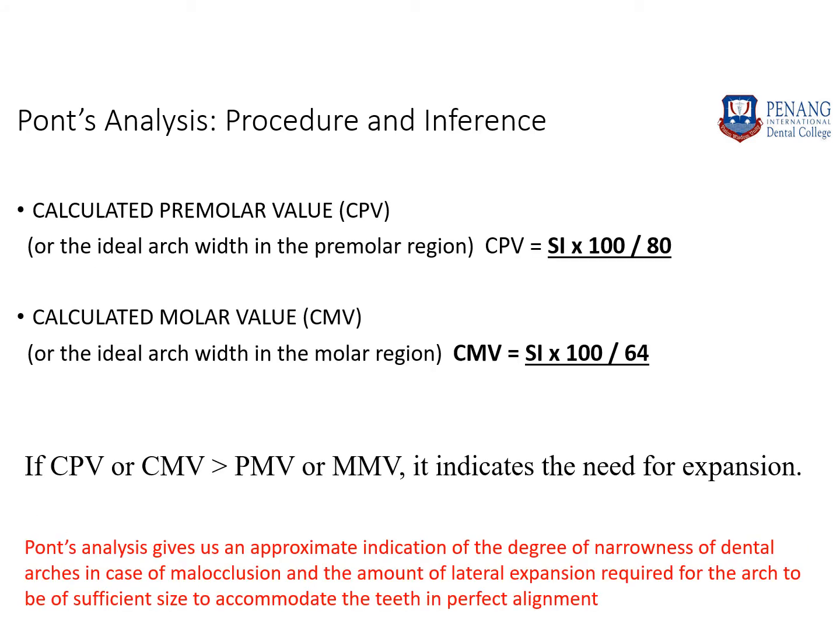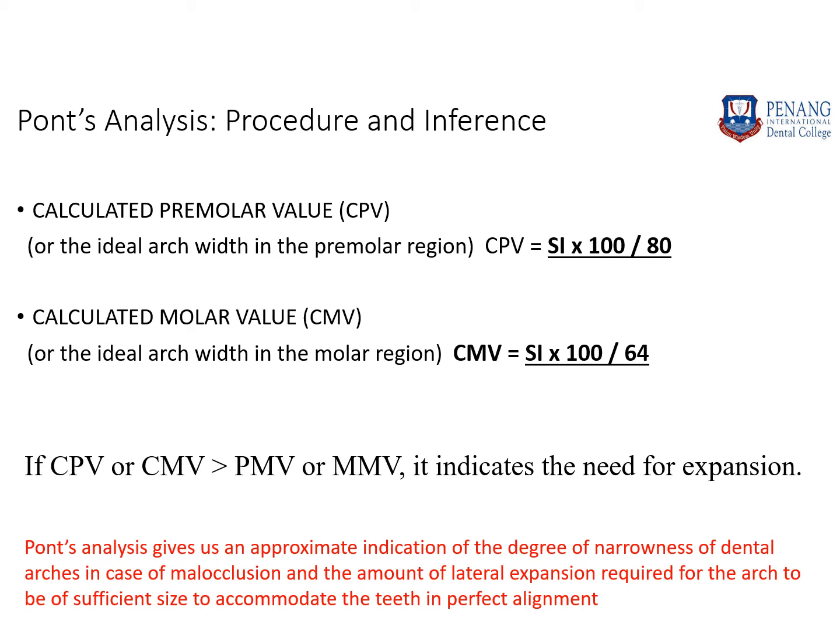So then what is the inference? Here there is something known as the calculated premolar value, or the ideal arch width in the premolar region. There is a formula for CPV, that is, calculated premolar value.